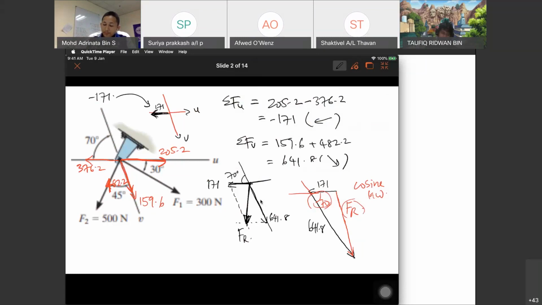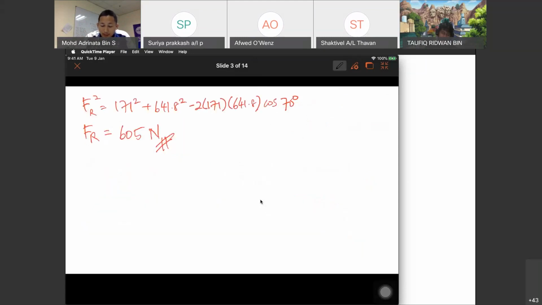Okay, and for this one, if you put negative, it doesn't matter because it is square. You need to square. It will be positive. So it is just a square meter.